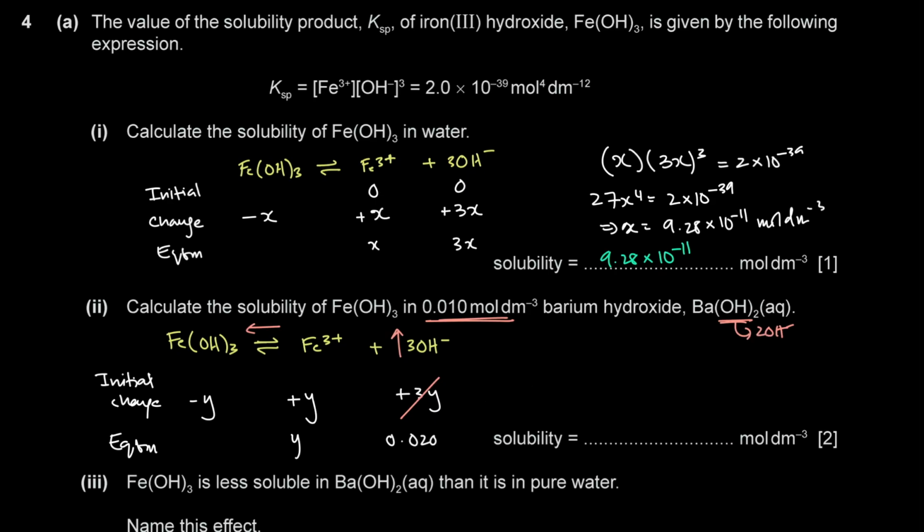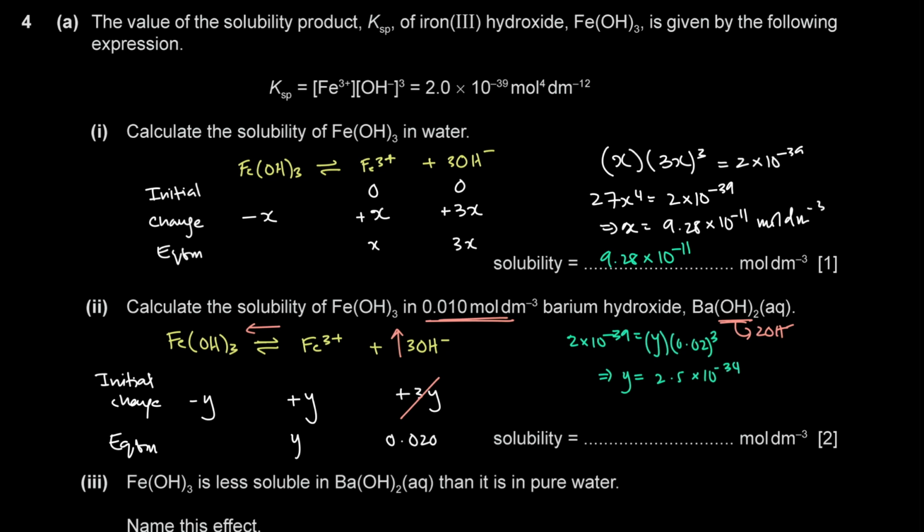So now we can say that our Ksp, that's 2 times 10 to the power of negative 39, is equal to the concentration of Fe3+, that's y, times the concentration of hydroxide, that's 0.02 to the power of 3, and that gives us y as 2.5 times 10 to the power of negative 34.